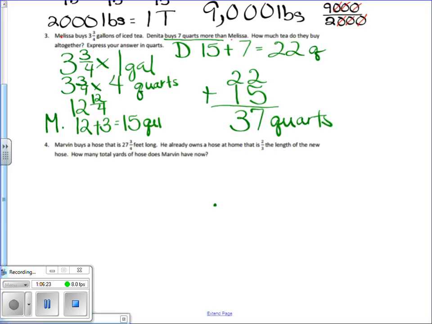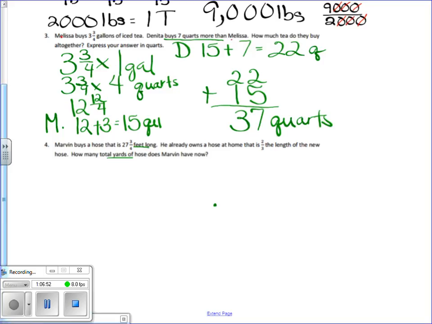Marvin buys a hose that is 27 3/4 feet long. He already owns a hose at home that is 2/3 the length of the new hose. How many total yards does Marvin have now?